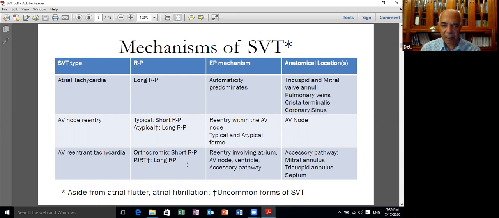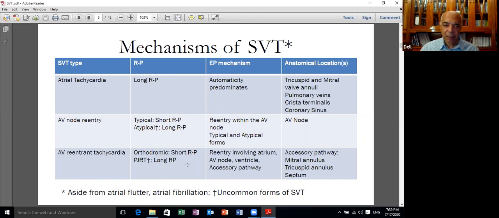AV reentry tachycardia. There is another AV reentrant tachycardia called the paroxysmal junctional reciprocating tachycardia. It's a misnomer, and this paroxysmal junctional reciprocating tachycardia is actually an orthodromic tachycardia. This orthodromic tachycardia is associated with conduction down from the atria to the ventricle across the AV node, and then a posteriorly located long decremental pathway posterior to the septum back to the atria.